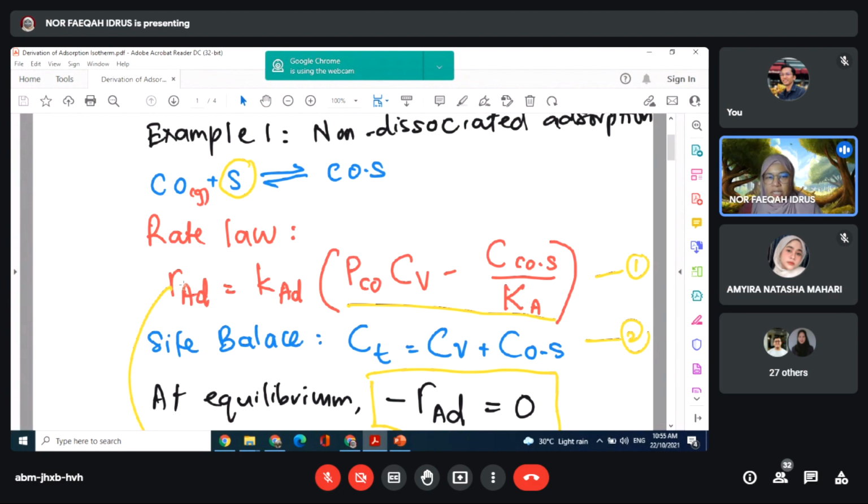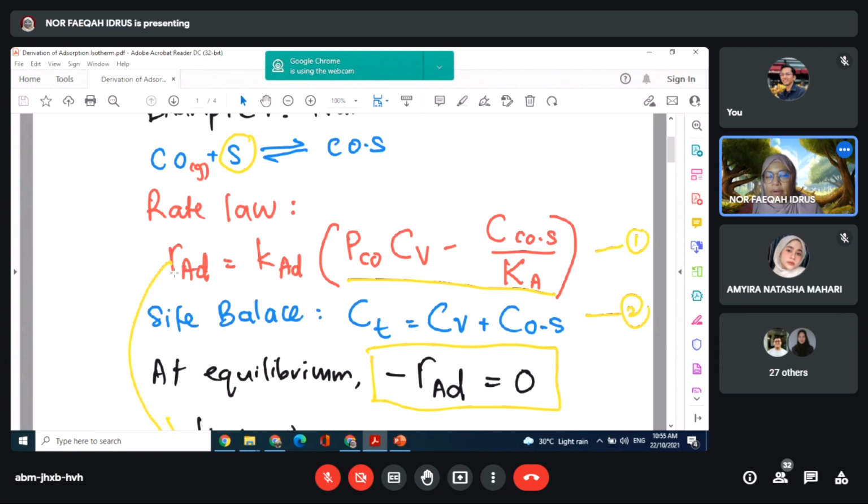Then you directly write the net rate of adsorption. RAD equals KAD times (PCO CV minus CCO.S over KA).